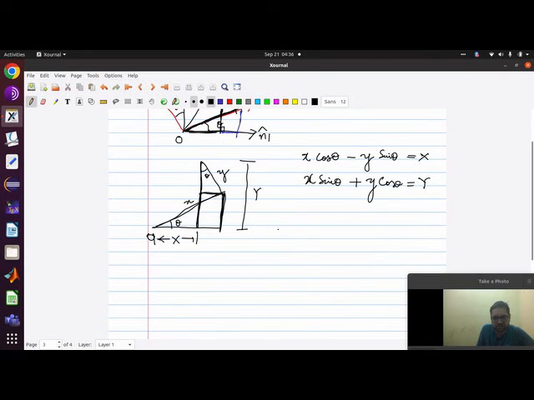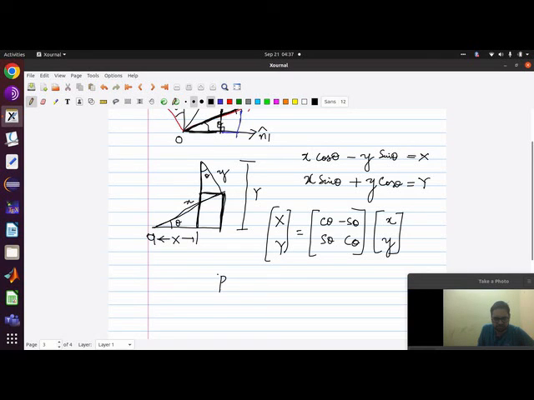So what we get is capital X, capital Y is equal to, in matrix form, cos theta, minus sin theta, sin theta, cos theta, times small x, small y.